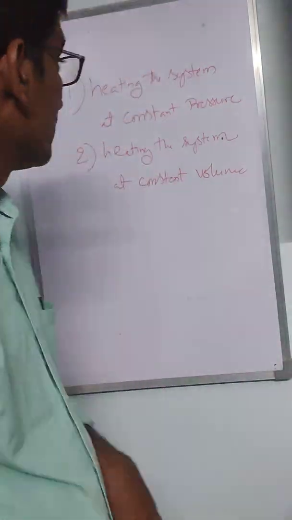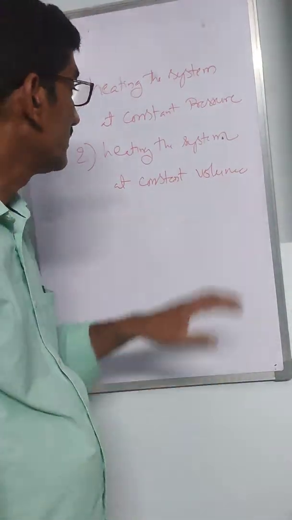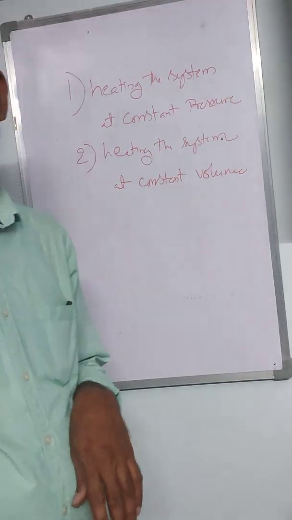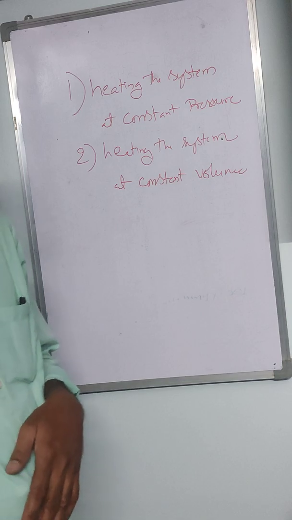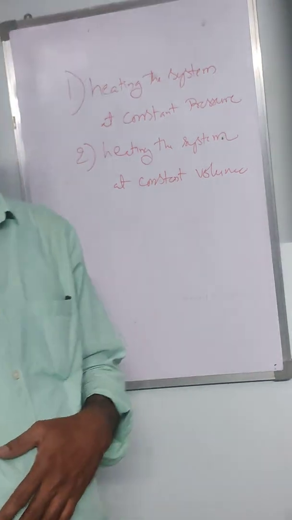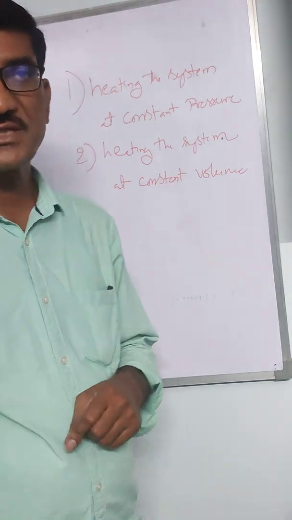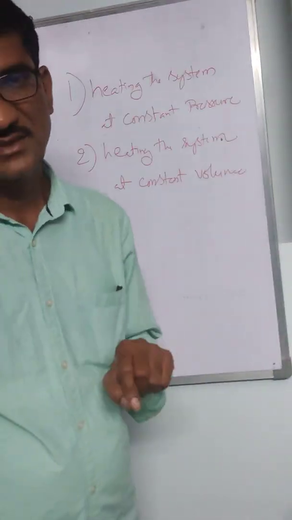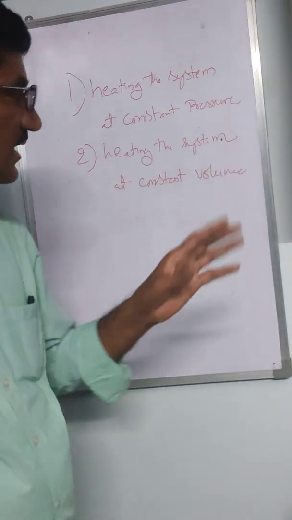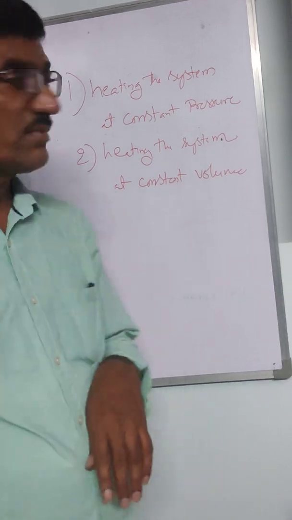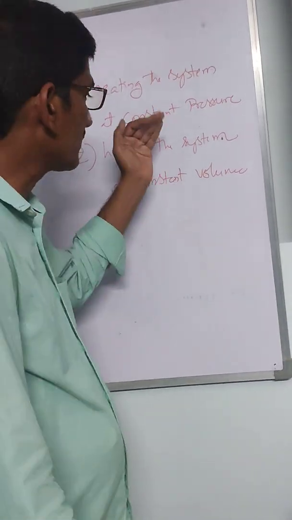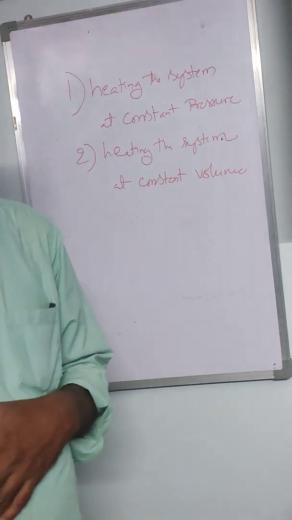These are the parameters of the gaseous system: pressure, volume and temperature. All of you know this. Now, whenever we discuss specific heat, T, the absolute temperature, is always a variable, but we may fix either the pressure or the volume of the system.